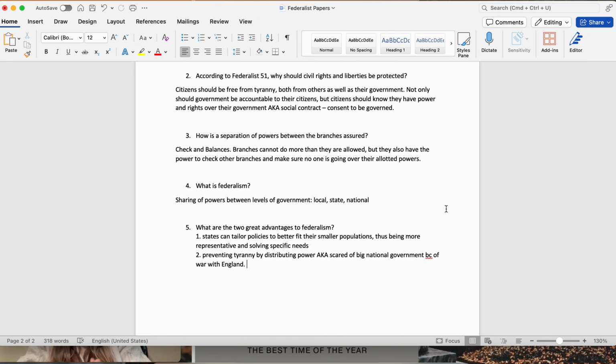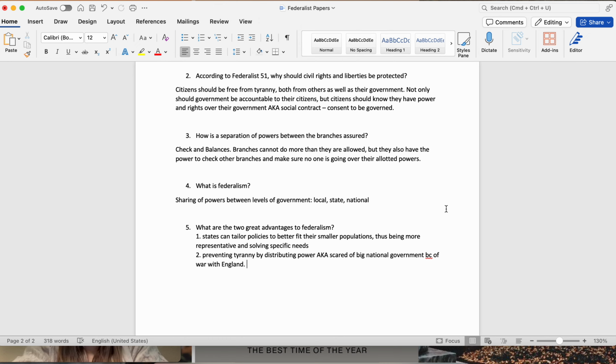Number 3, how is the separation of powers assured? It's assured through checks and balances. Remember, these are two different things. The separation of powers is what the branches can do. So the judicial branch rules on constitutionality. The legislative branch is writing laws. The executive branch is enforcing those laws.